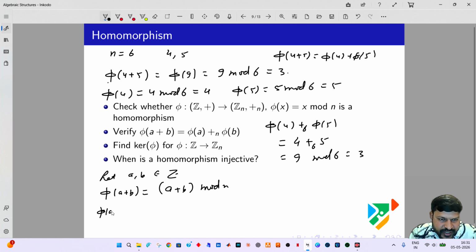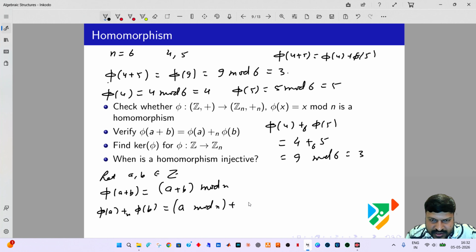What is phi of A plus phi of B with addition modulo n? This is A mod n plus B mod n. And we know already that both these equations are exactly the same. Hence, it is a homomorphism.